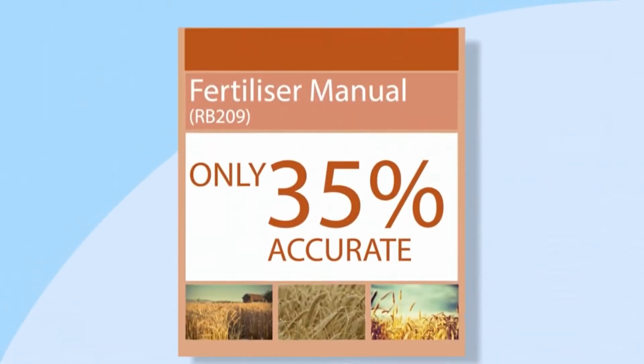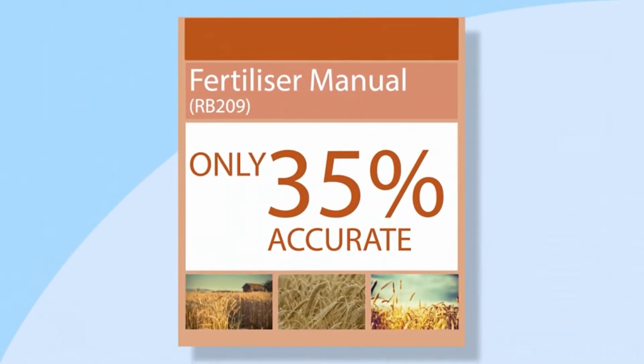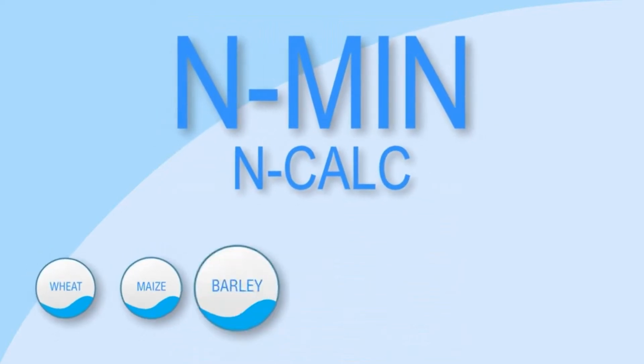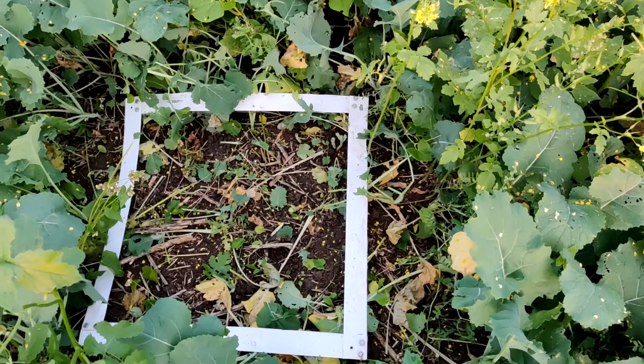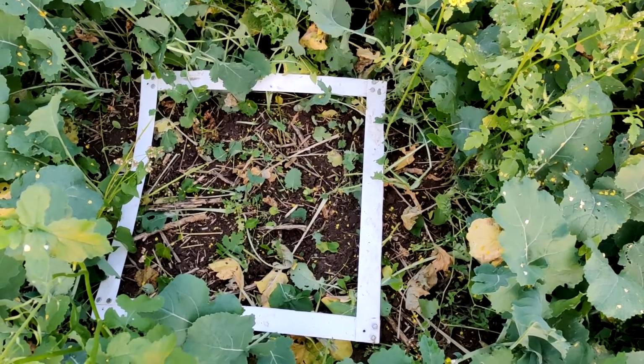And, as the fertilizer manual only provides average recommendations, it is only accurate 35% of the time. So it is worth considering the most accurate analysis service available. N-min and NCalc, available for use in all major combinable crops, including forage maize.